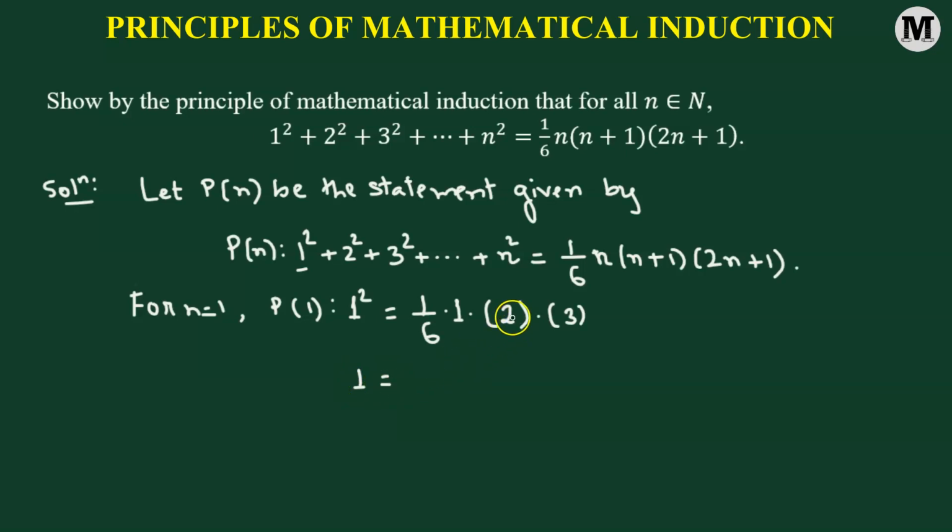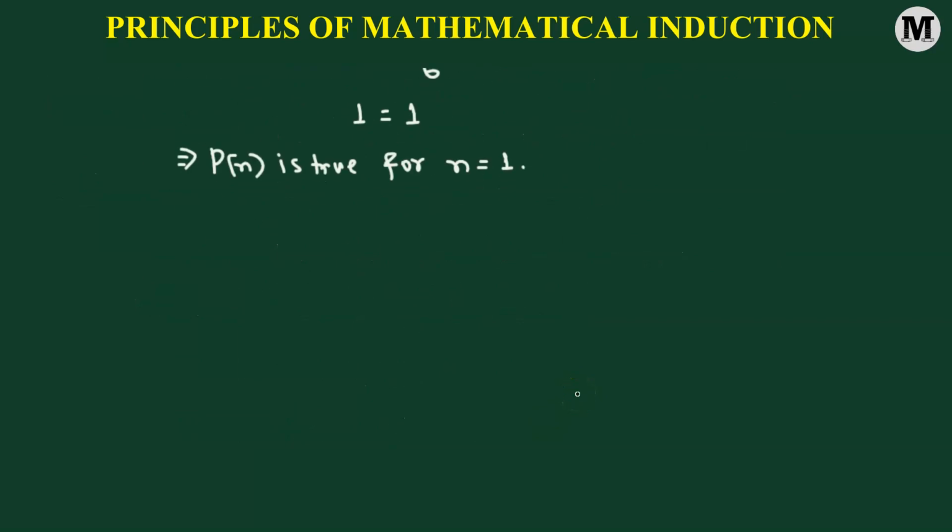This will equal 2 times 3, that's 6, and we have a division by 6, so that also gives us 1. We know that 1 equals 1 is a true statement, which means that P of n, this mathematical statement, is true for n equals 1. So if we consider the first natural number n equals 1, then the given mathematical statement is true.